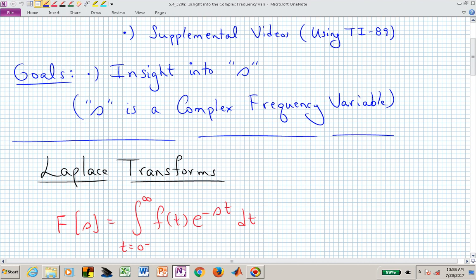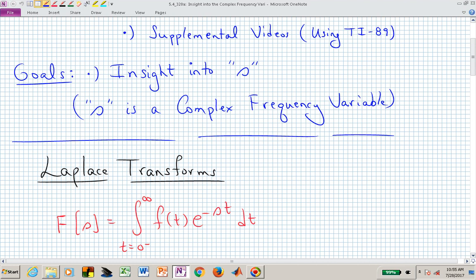Since s is a complex variable, it will be capable of assuming any value in the complex s-plane, which is this two-dimensional space. The horizontal part is the real axis, the vertical axis is the imaginary component of s.